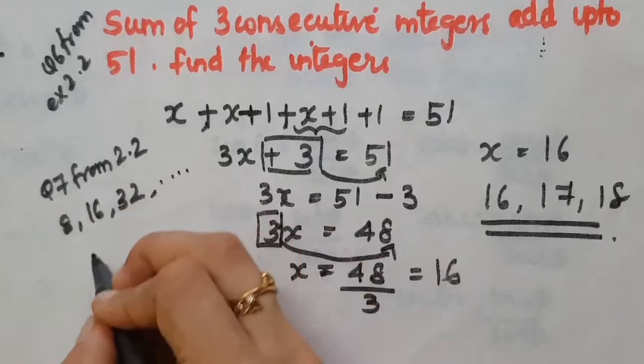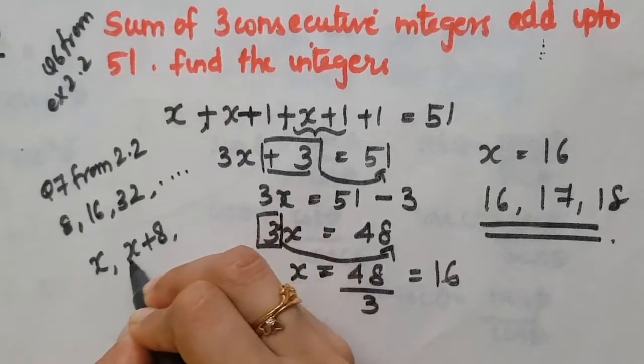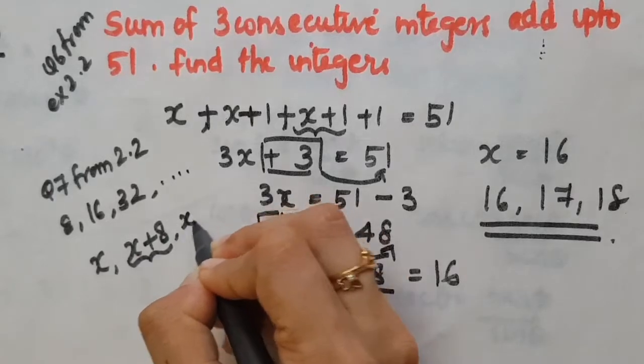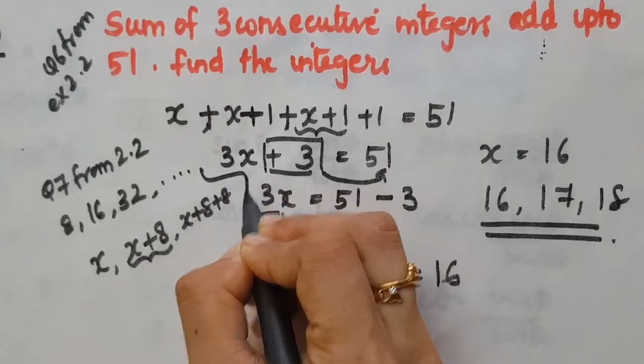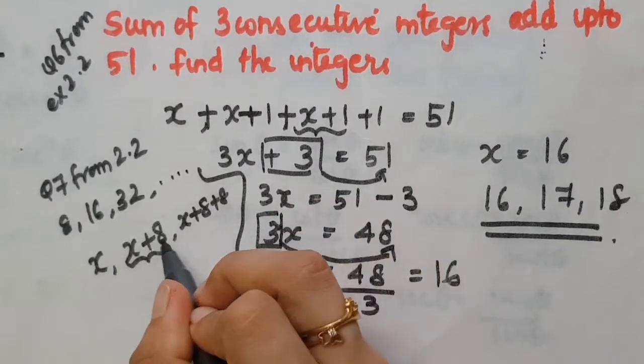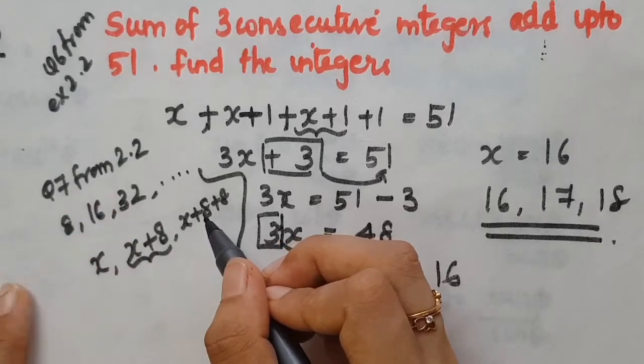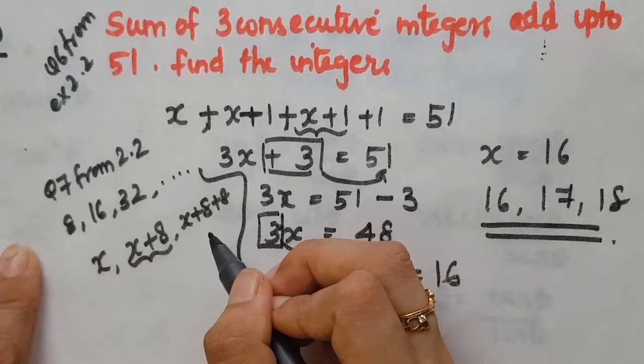So you can write the terms as x, then x plus 8 as the second term, and the third term will be x plus 8 plus 8. That is the 3 terms, because they are multiples of 8. The question is given as multiples of 8.